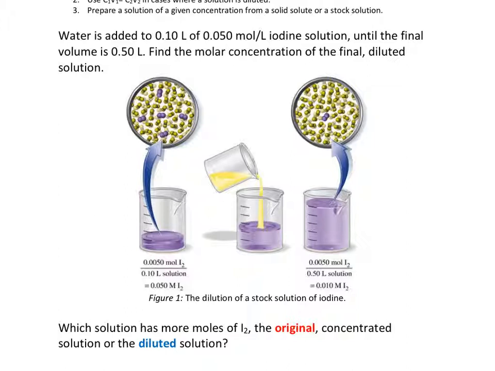Well, if we take a look at the molecular view of the original solution, the purple molecules represent the solute molecules, and you see, as compared to the diluted solution, there are a lot more solute molecules in this first situation per unit volume than there are in this situation. That's really the nature of a dilution: more solvent has been added.